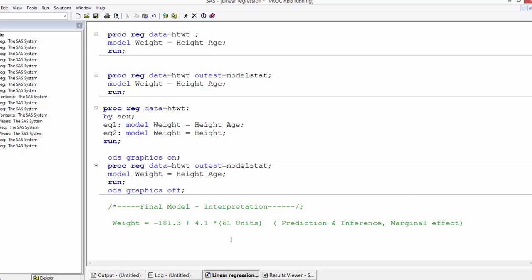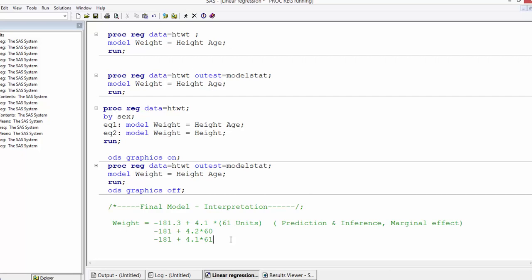So minus 181 plus 4.1 multiplied by 60, that's the first one. And in the second one, you have the same thing, minus 181 plus 4.1 multiplied by 61.